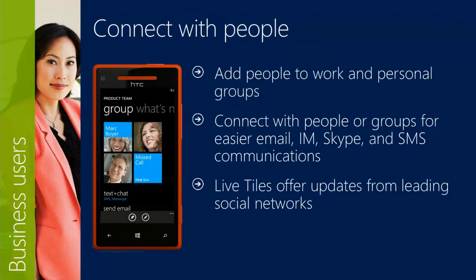They can create groups on the phone that group people together so you can immediately communicate with a group of people that is in your team or in your project environment that you're working at, et cetera. And it's easy for them to use all the communication tools they have, like IM or send email or send invites, et cetera, on the phone.